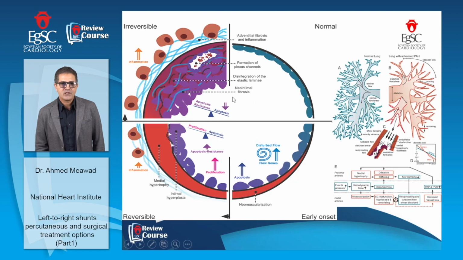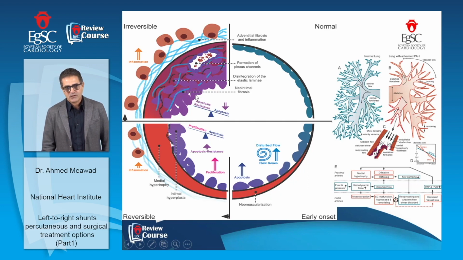But if untreated, there is progression, proliferation of the endothelial cells, fibrosis of endothelium and adventitia with inflammation and plexiform formation, which may occlude the arteries at this level and cause severe pulmonary hypertension.